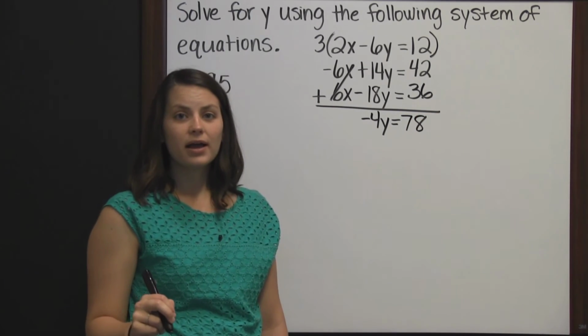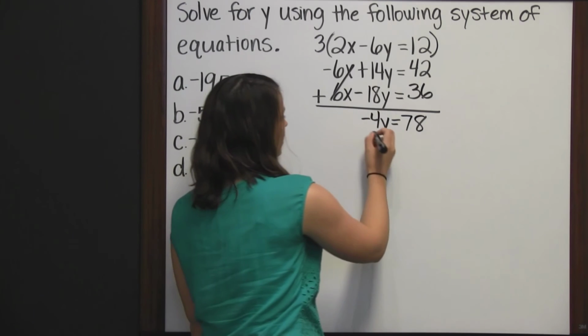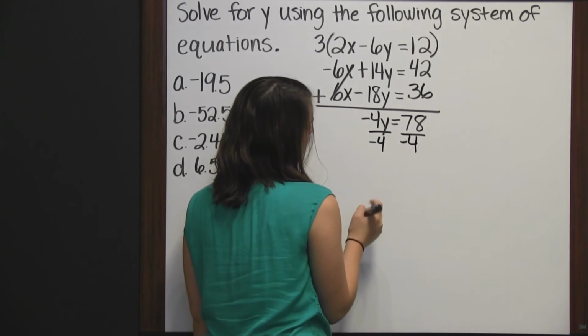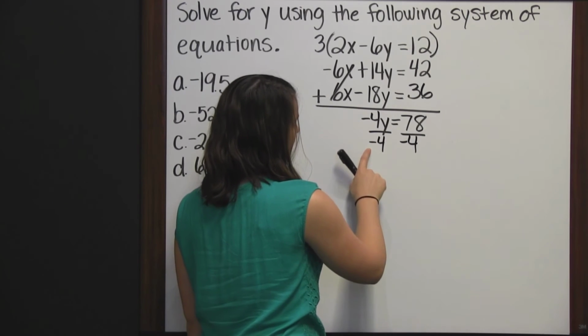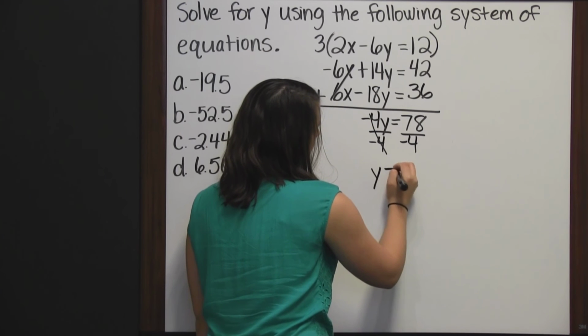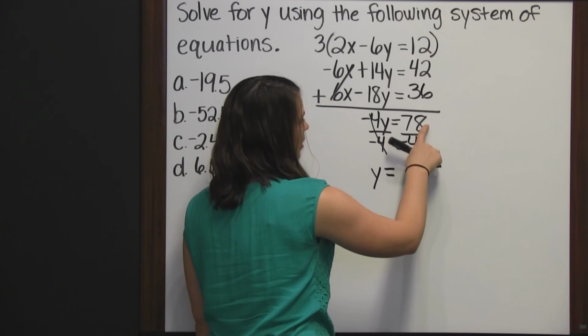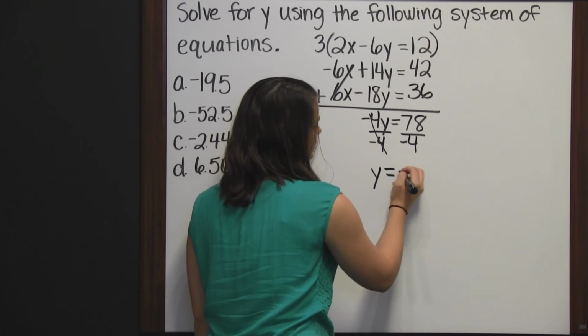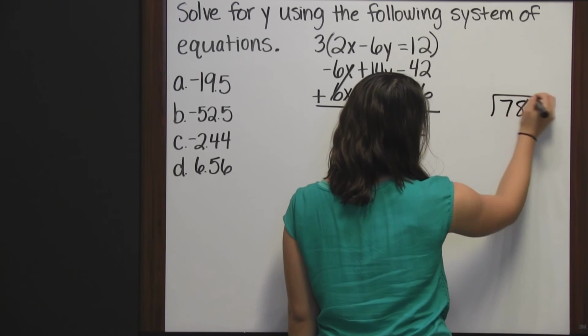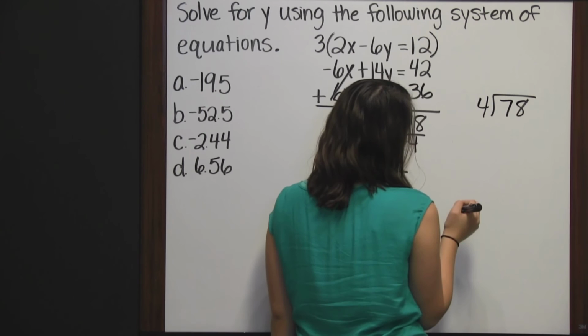Then to solve for y, I need to divide both sides by negative 14. Negative 14 divided by negative 14 is 1 times y is y, equals a positive divided by a negative is a negative. And then I just need to go off to the side and divide 78 by 4.